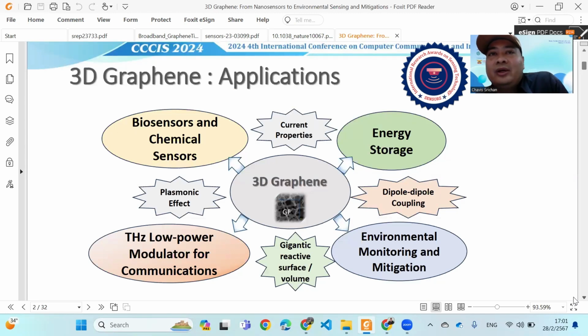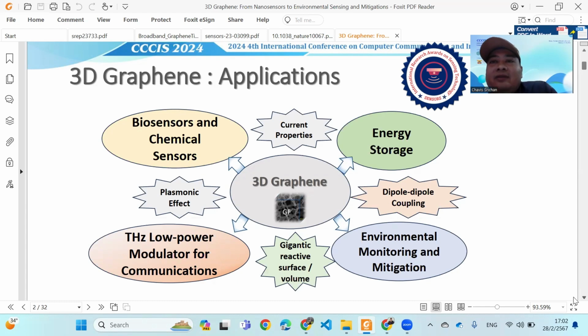Because I'm working in the field of biomedical engineering, the sensors that I make are normally biomedical sensors, and we can also use 3D graphene for environmental monitoring, such as detecting heavy metals in water, and of course as a filter for organic pollutants such as glyphosate or something like that.